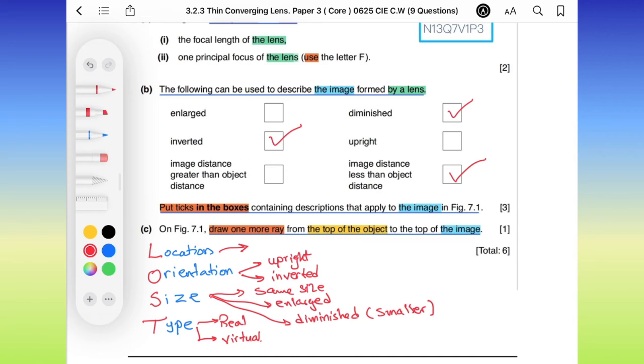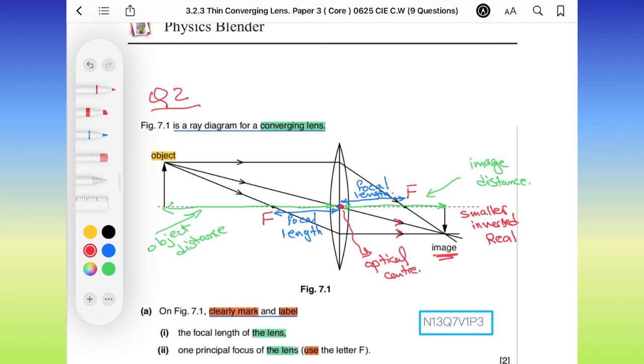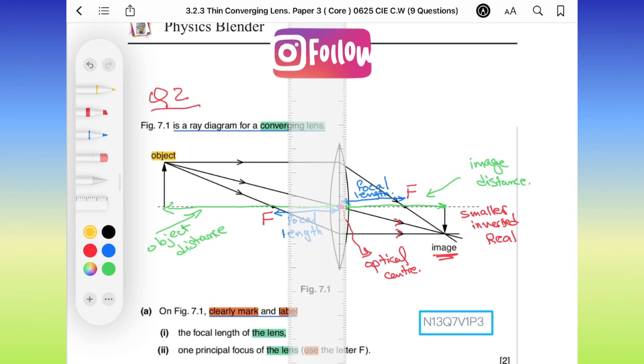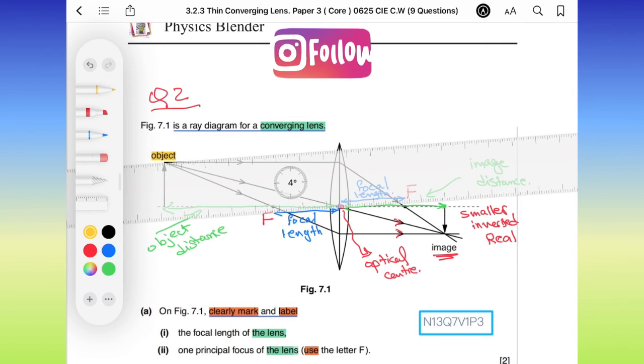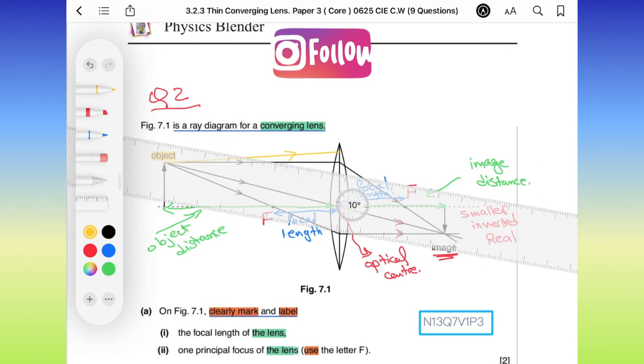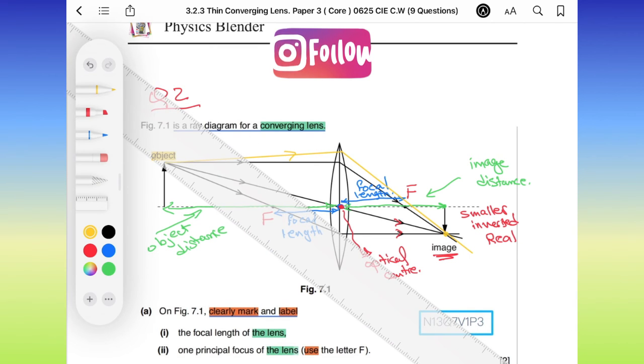The last part: on the figure, draw one more ray from the top of the object to the top of the image. You can draw an extra ray because you have the 3 standard rays already drawn, so you can draw any extra ray like this, and it will be refracted at the midline and intersect with the other rays at the same point.